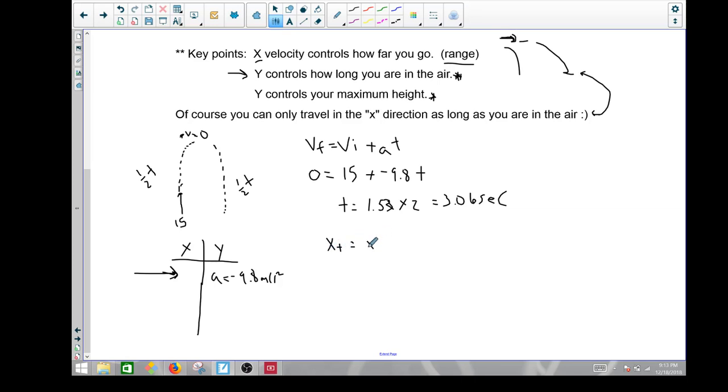Okay, so xi plus vi t plus 1/2 at squared. All right, so I want to find this location at a time when I happen to be at my max height. Well, initially I'm at 0.